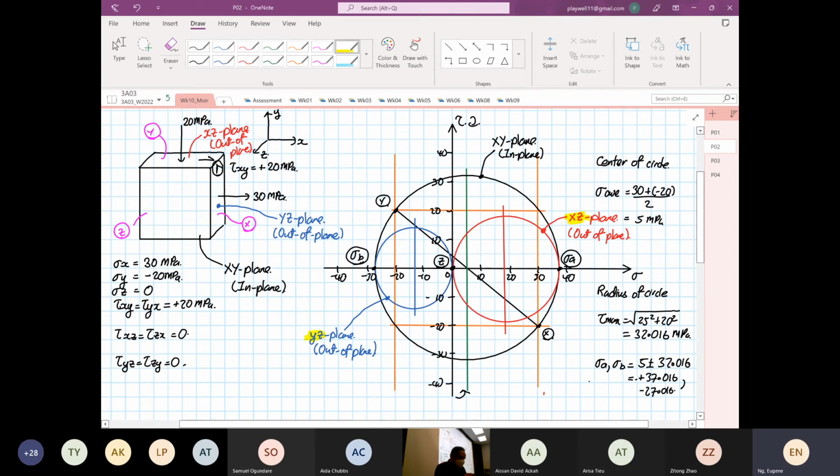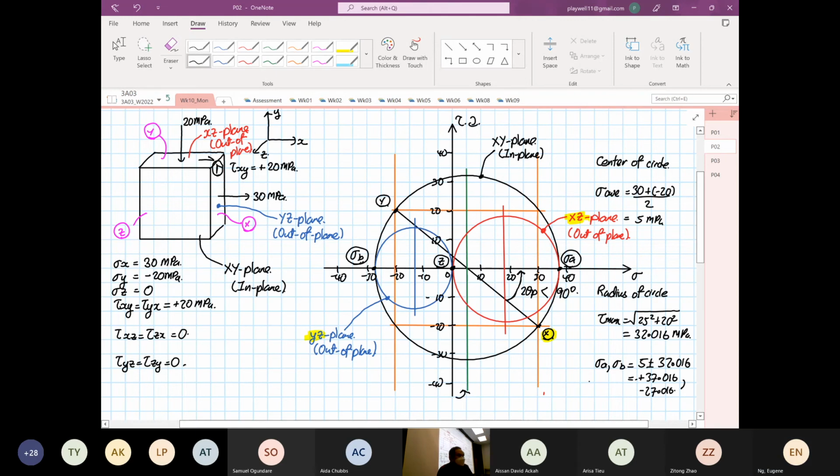This is because it's called XZ because if you look at point X, point X will go into stress A at 2 theta P. The angle over here is 2 theta P from X, and this 2 theta P is less than 90 degrees.